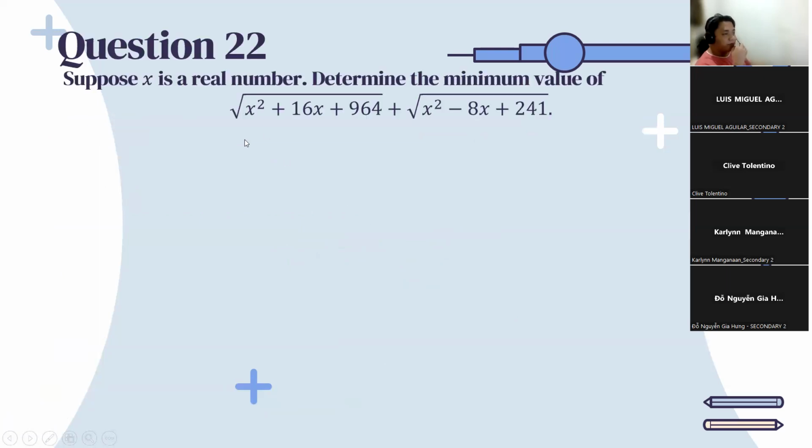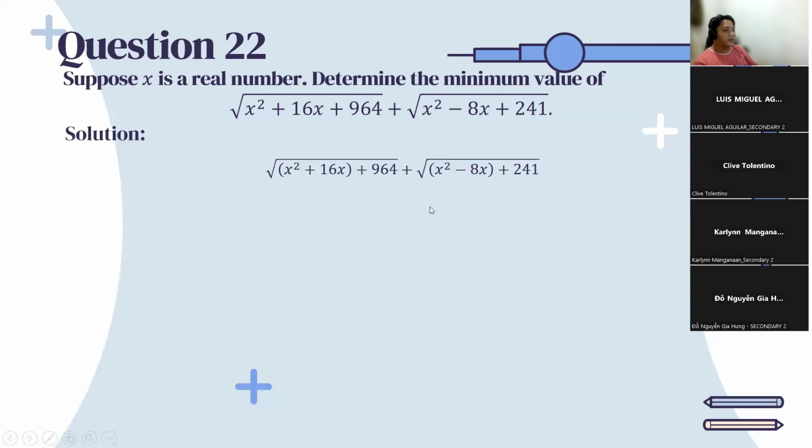Suppose x is a real number. Determine the minimum value of, wow, square root of x squared plus 16x plus 964 plus square root of x squared minus 8x plus 241. Okay, so this is somehow a geometric approach for 22.